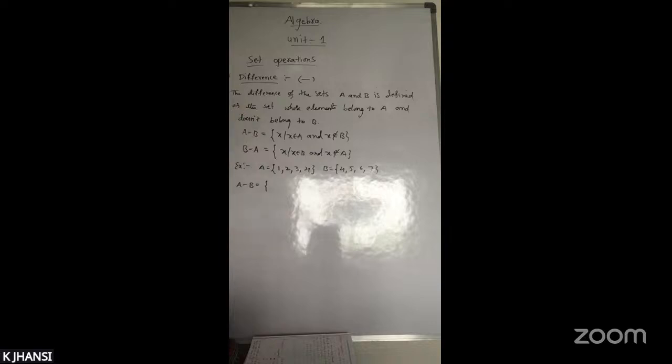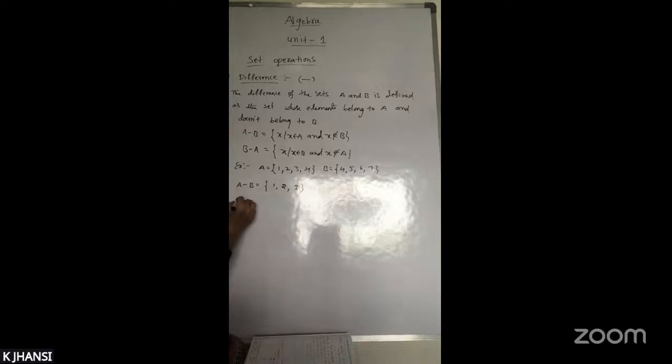The difference of the sets A and B is defined as a set whose elements belong to A and do not belong to B. So here 1, 2, 3, 4 are the elements of A and 4, 5, 6, 7 are the elements of B. So A minus B means only the elements in A that are not in B. Here we have only one such element, 4 is in B. So in A minus B, 4 will not be there. Only A elements that are not in B, that is called A minus B. That means {1, 2, 3}.